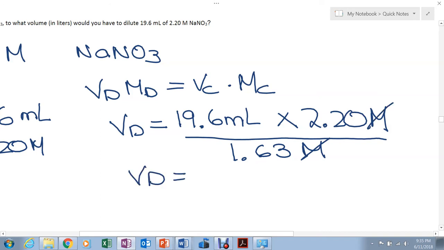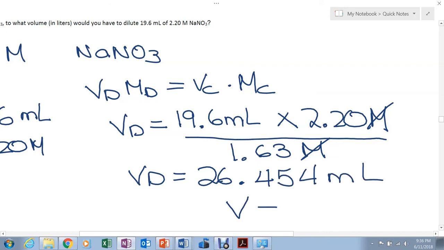We don't need to do the conversion now, so the volume would be 26.454 milliliters.